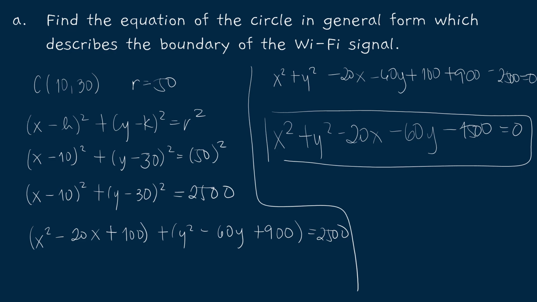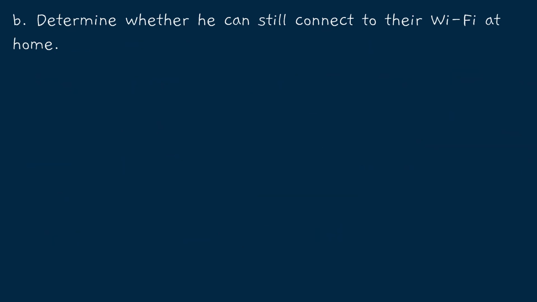Always remember that the coordinates of the center is (10, 30) and the radius is 50 units. We will identify on the next slide if Rowell can still connect to their Wi-Fi signal at home.